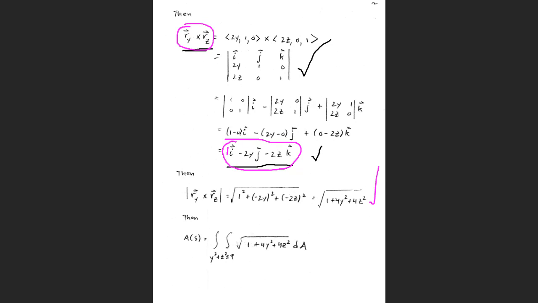And now we have our surface area, the double integral. We know what the integrand is. And now it's just a matter of deciding whether we're going to integrate with respect to rectangular coordinates or polar coordinates.